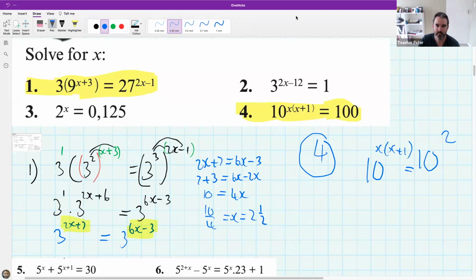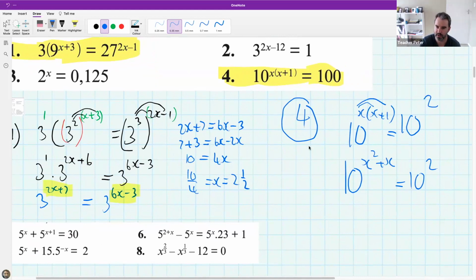All right. So if I multiply this by this, I get x squared plus x equals 10 squared. Ooh, I'm having flashbacks to class here because now I know that the 10s are equal, which means I have x squared plus x equals 2.